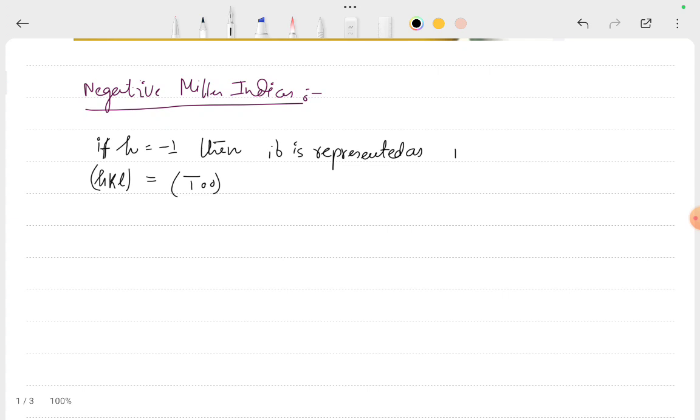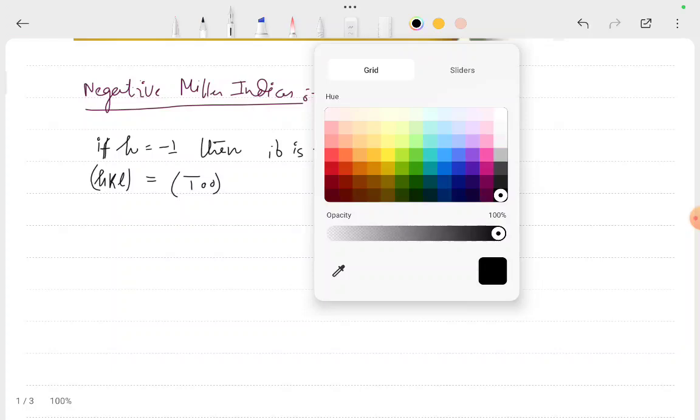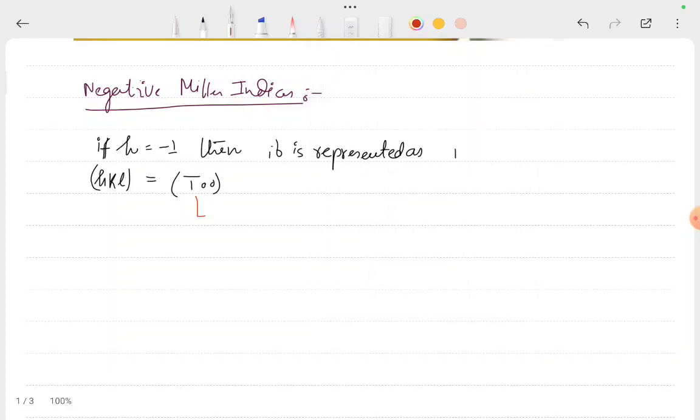First of all, from the Miller indices we calculate the value of the intercepts.